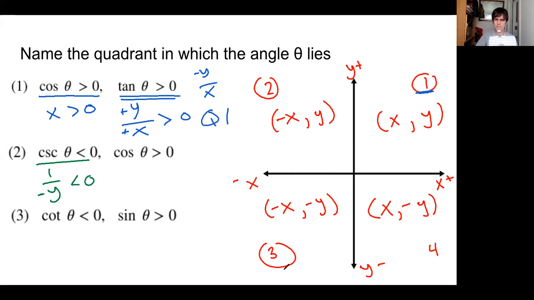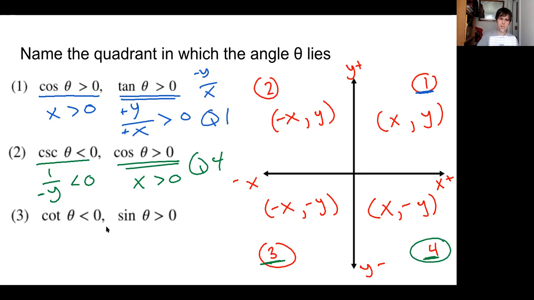So if y is negative, that's going to put us in either quadrant 3 or quadrant 4, where our y coordinates are negative. The next part says the cosine of our angle is greater than 0, so our x coordinate is positive. X is positive in quadrant 4. So y is negative, x is positive. This has to be quadrant 4. That's the only place we could actually place this problem.